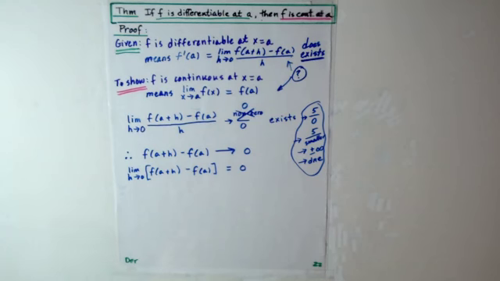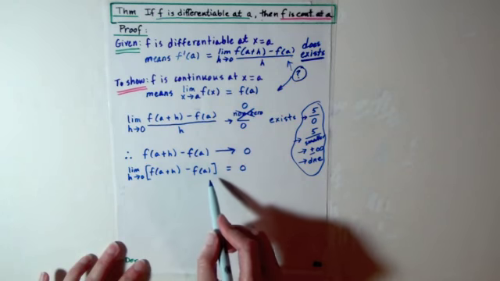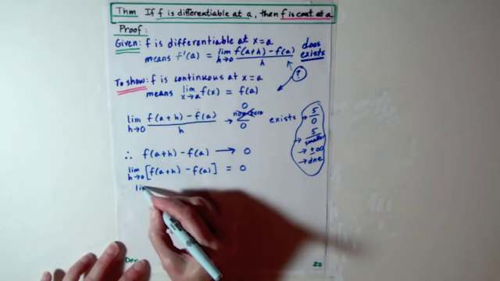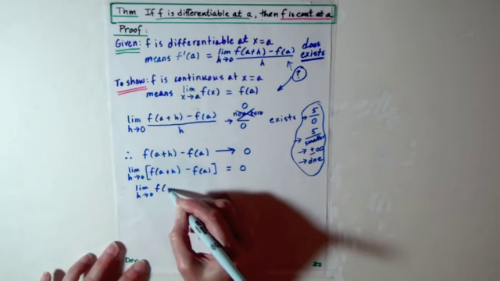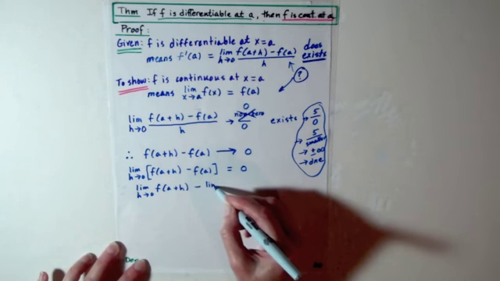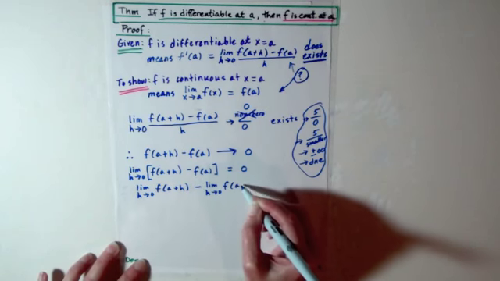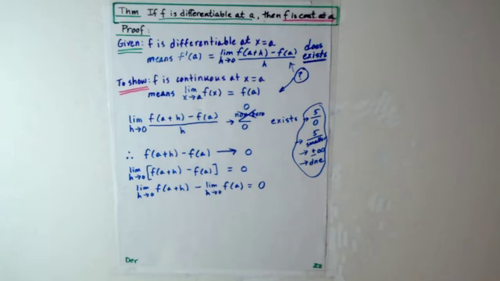Okay? I'm going to go ahead and break this up into two limits. The limit of a difference is the same as the difference of the individual limits. So I could say the limit as h approaches 0 of f of a plus h minus the limit as h approaches 0 of f of a has to be equal to 0. All right, that looks fine.